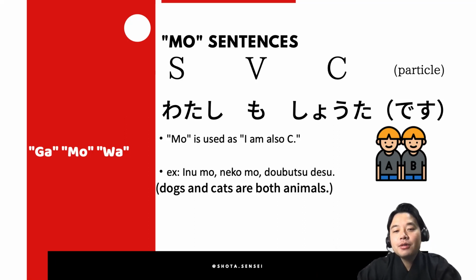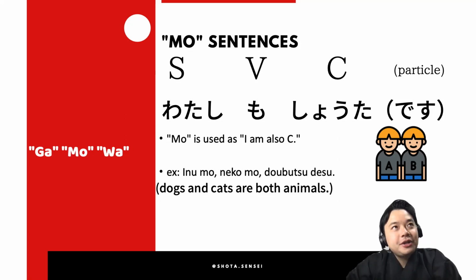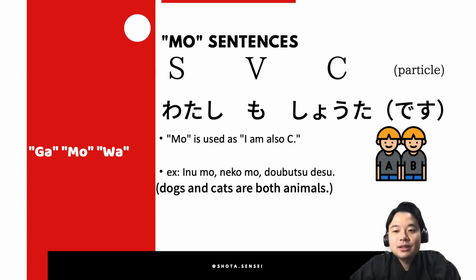So, both dogs and cats are animals. Dogs and cats are both animals. Okay? So, another example: 私も日本人です。What does 日本人 mean? Well, that means Japanese person.